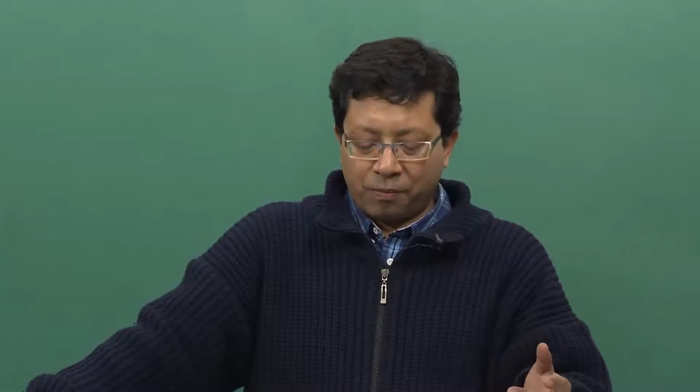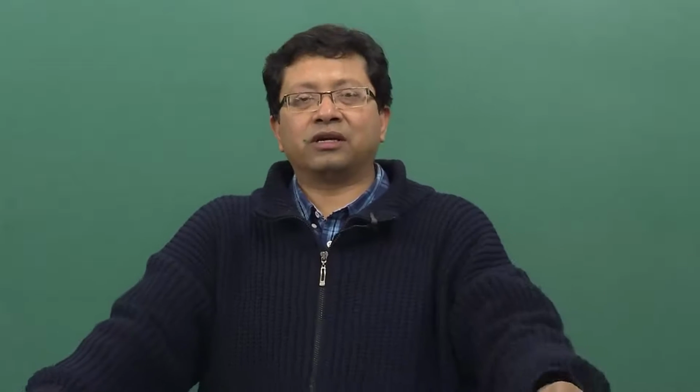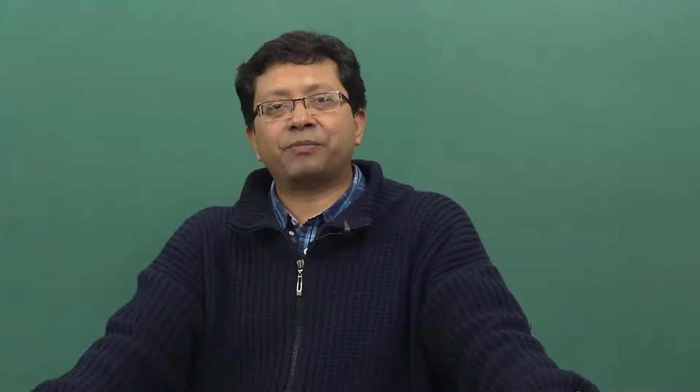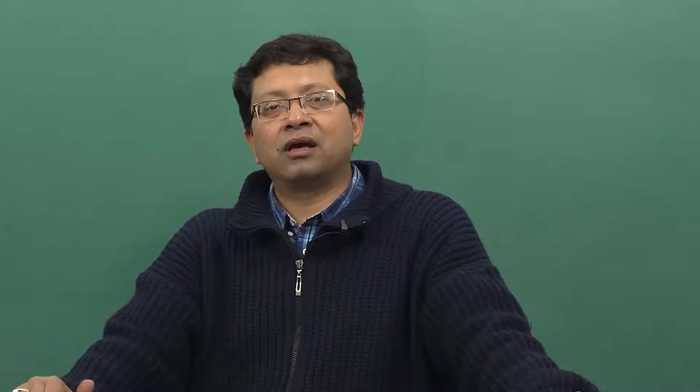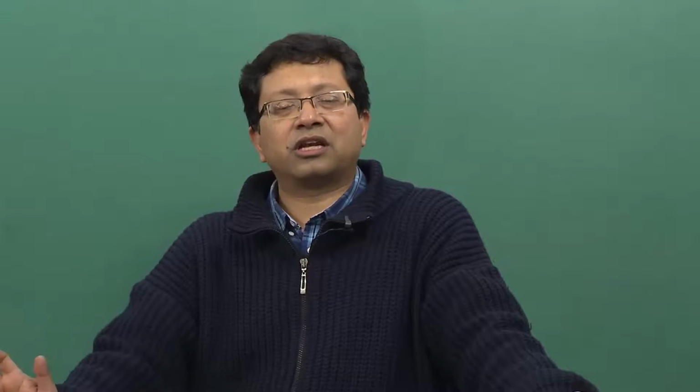The third point is to obtain an equivalent one-branch function between two nodes of the network. So, for example, there are two sets of activities and they are being linked, like grinding leads to the lathe operation, considering very hypothetically, or, for example, after finishing the etching operation you will go to the painting booth.